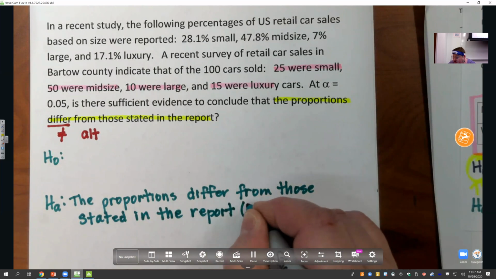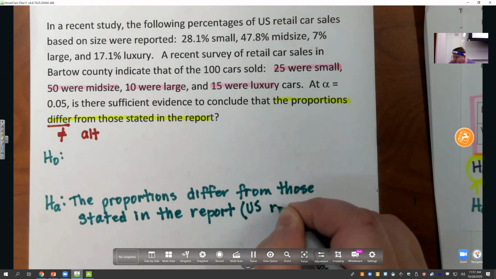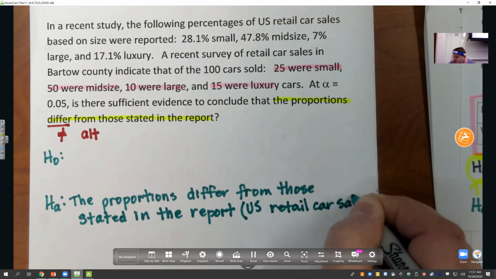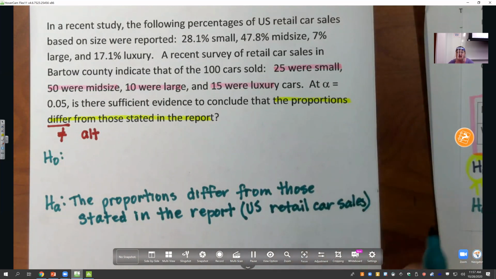They're talking about the U.S. retail car sales, because we're looking at the population, remember, and the population would be the whole United States, not just Bartow County. That's our sample. Okay, so basically the sentence that I had highlighted in yellow becomes our alternative.